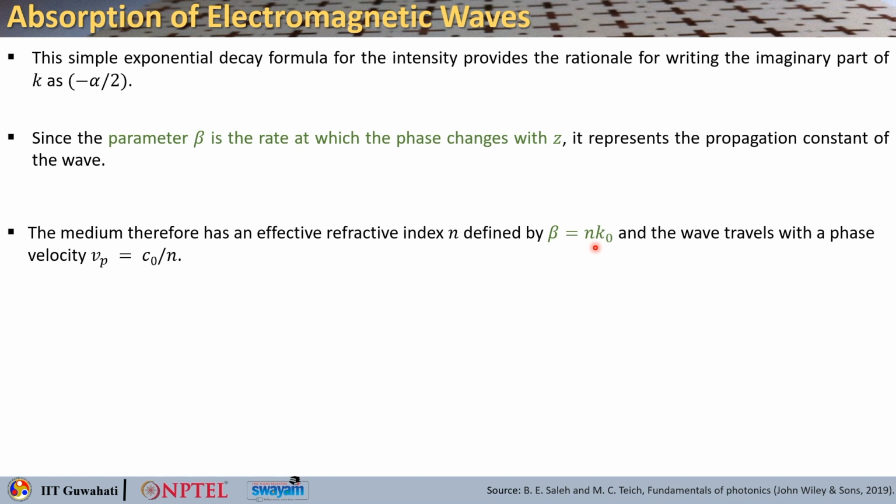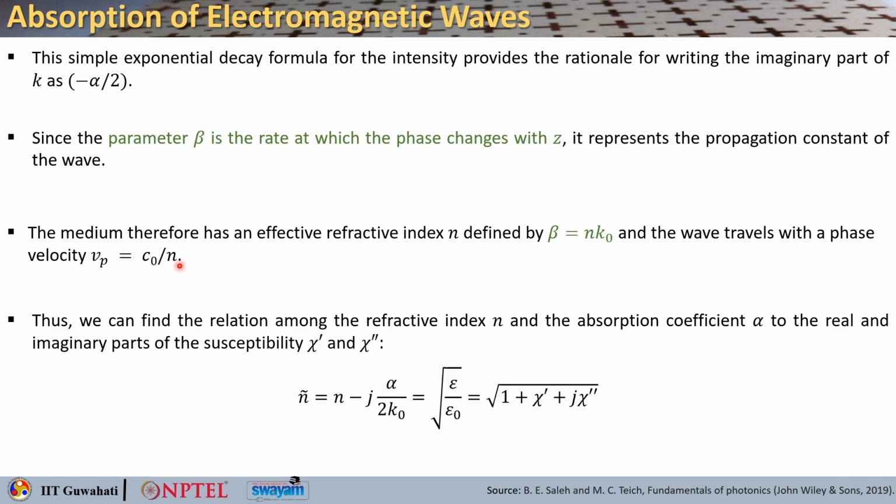N is the effective refractive index, and that gives you the parameter beta. Because the effective index is n, the wave will travel with a phase velocity v p equals c naught by n. This also allows you to find the relationship between the refractive index n and the absorption coefficient alpha when you equate the real and imaginary parts of the susceptibility.